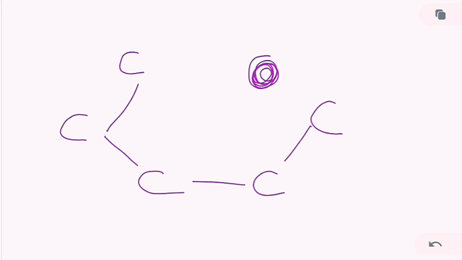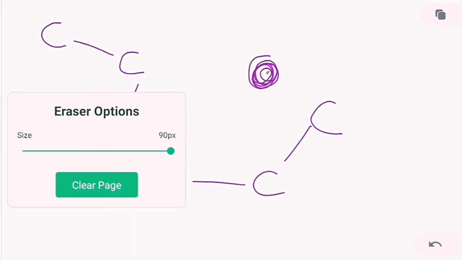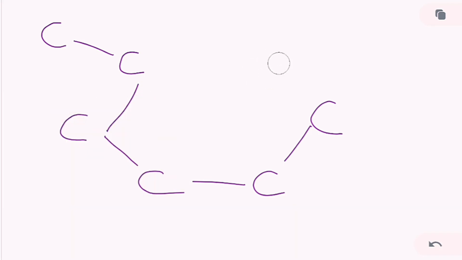So they have a C in this corner, right here, here, and here. Now the only thing here is the C is not appearing right here, so it will just appear here. I believe in your exams you will need to know the structure. So this is the simple form.